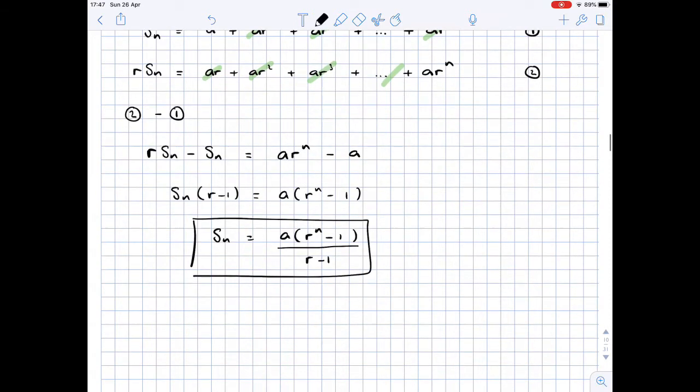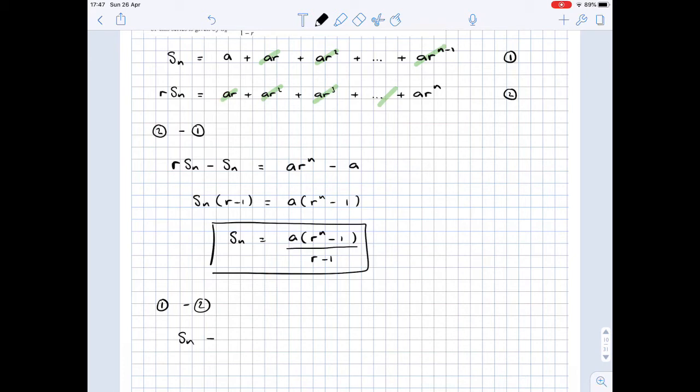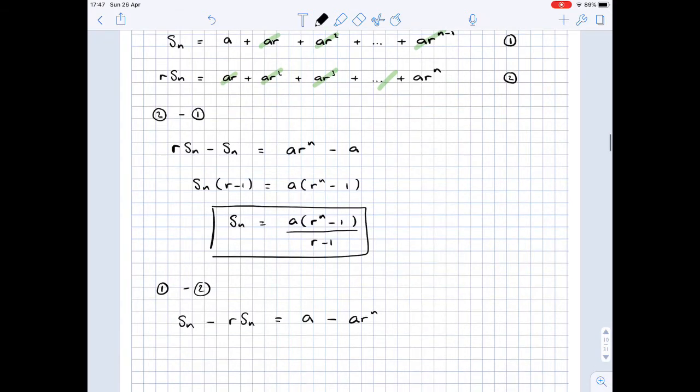Had we done 1 minus 2, then we would have had Sn minus r Sn is equal to a minus ar to the n, because all the other terms would cancel out.